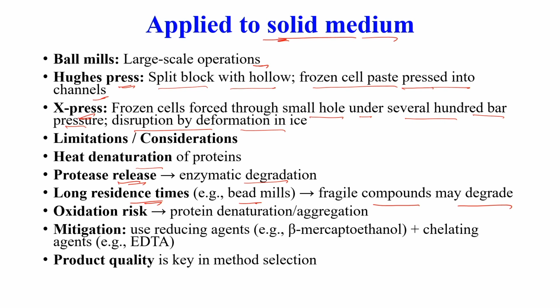Once they are out, they will start working and degrade the other desired components. In addition, there is oxidation risk, which may lead to protein denaturation and aggregation. So, how to mitigate such effects? One, you can use reducing agents plus chelating agents. It depends on what product quality is expected, and depending on that we choose the methods.